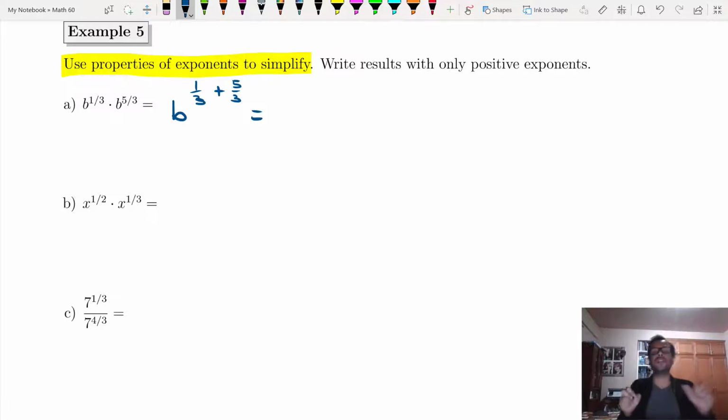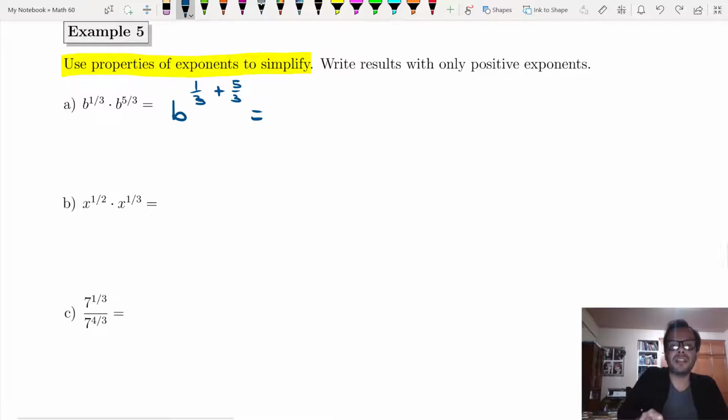In this case, we do the operation implied in the exponent, and the nice thing about these two fractions is that we have a common denominator, so we don't need to multiply denominators by missing factors to come up with a least common denominator, and so this is straightforward to do. So we add 1/3 plus 5/3.